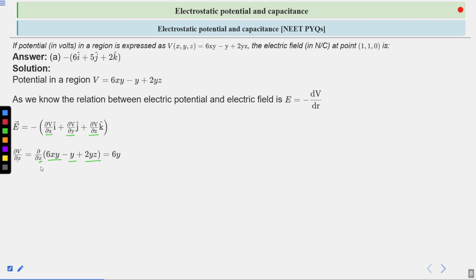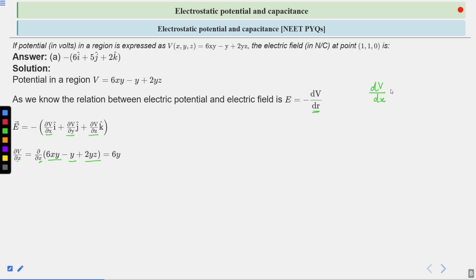Okay, so when there is full differentiation, not partial, like dV by dr, then we will consider all the variables as variables. Suppose I am differentiating dV by dx, this is not partial differentiation.